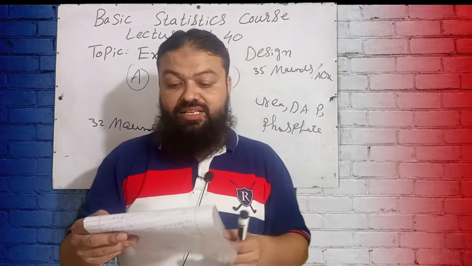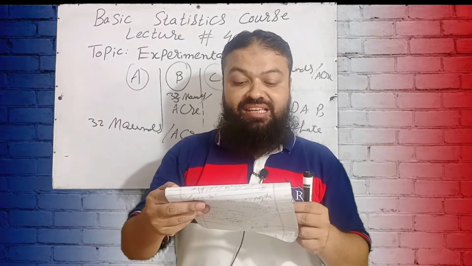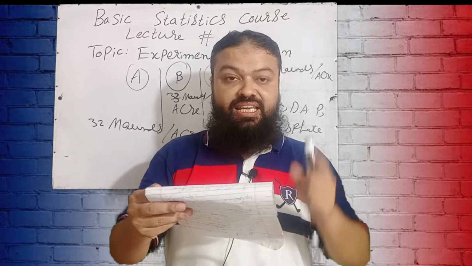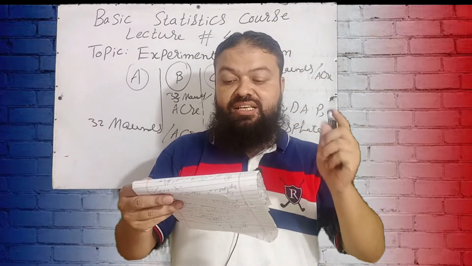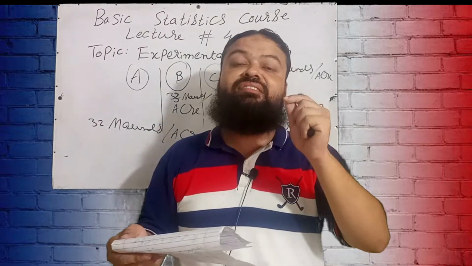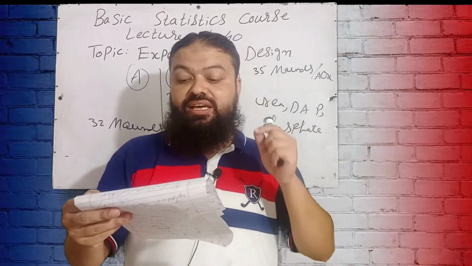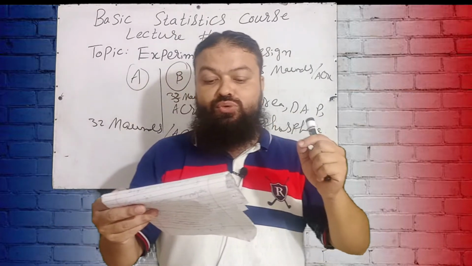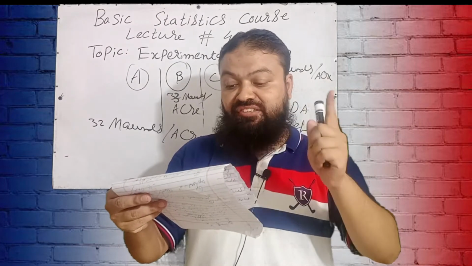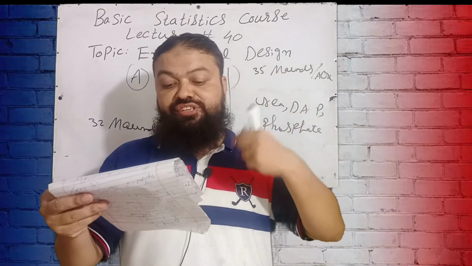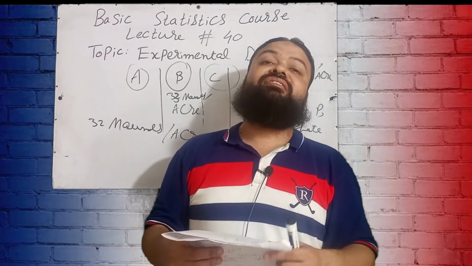Question number 11. In experimental design, randomization is necessary to make the estimates A, accurate, B, precise, C, biased, D, valid. Valid is the correct option. Question number 12, which is the last question of today's lecture. Experimental error is due to A, experimenter's mistake, B, variation in treatments, C, extraneous factors. C is the correct option, extraneous factors.